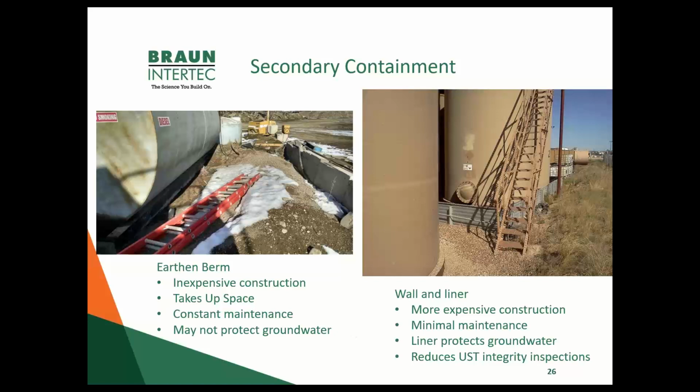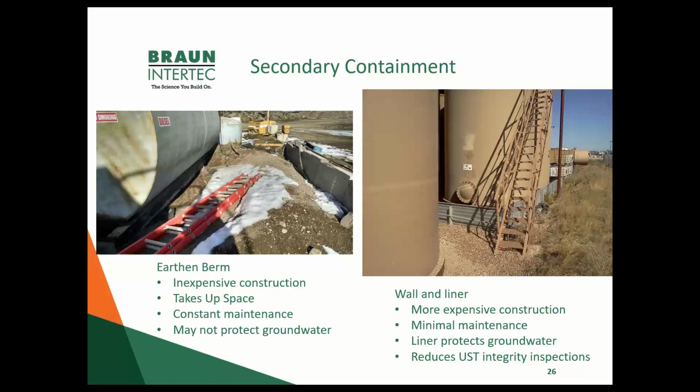An earthen berm is a really inexpensive way to provide containment and quickly construct it, but it does take up an awful lot of space on your property, and you have to go over that berm every time you need to get to that tank, either for maintenance or for loading or unloading. It also has quite a bit of a footprint on your site, and you can only get vehicles up to it so close.